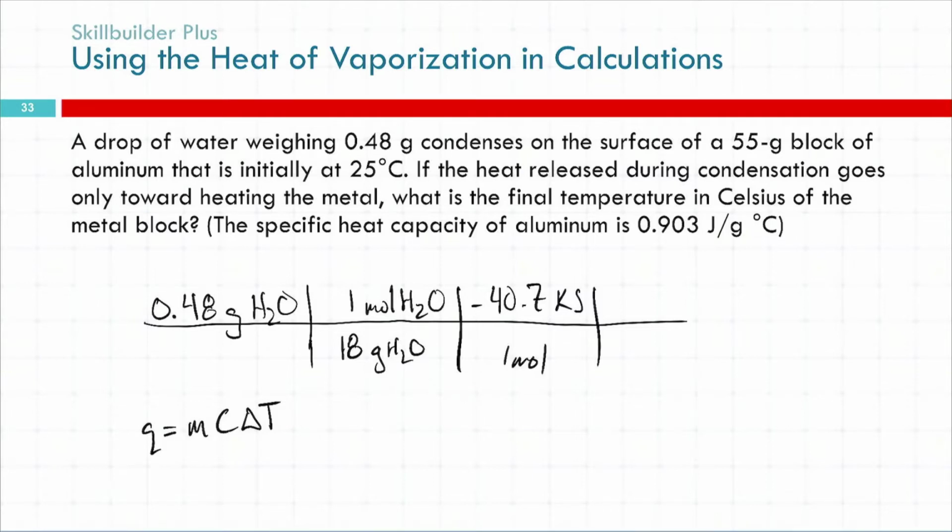And then we'll just calculate the amount of energy that we are adding to the metal block. So 0.48 times negative 40.7 divided by 18. And we are going to impart negative 1.09 kilojoules of energy.